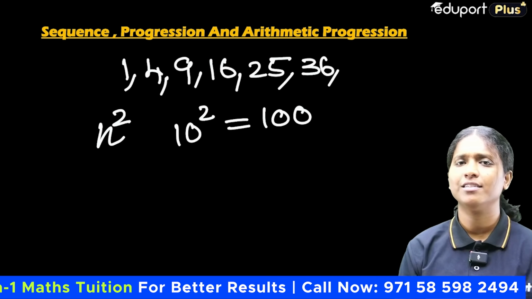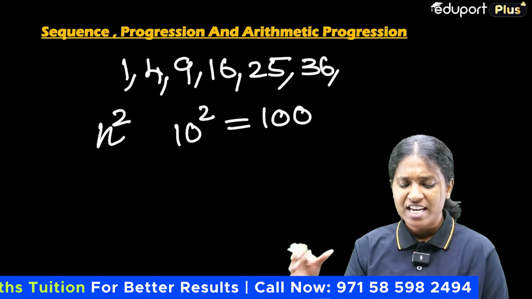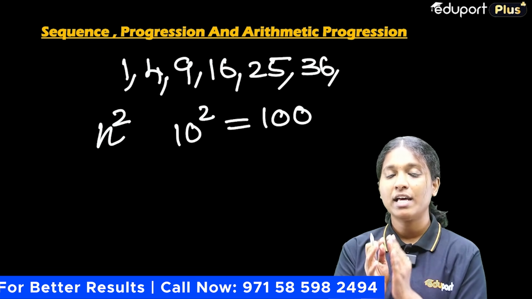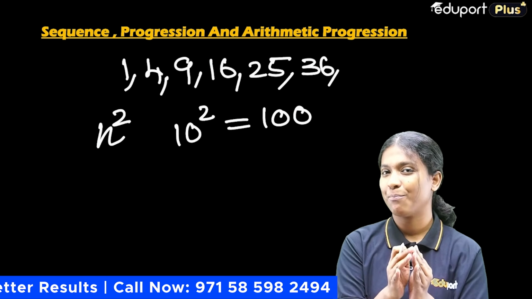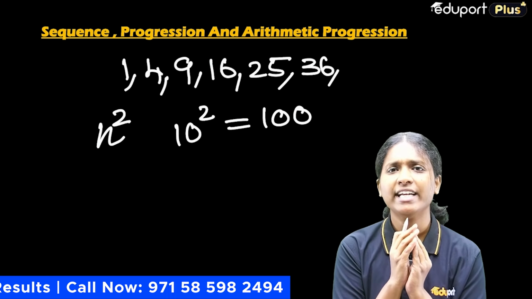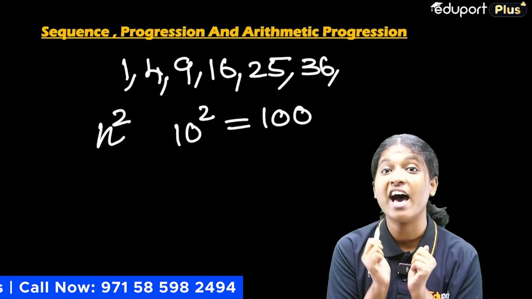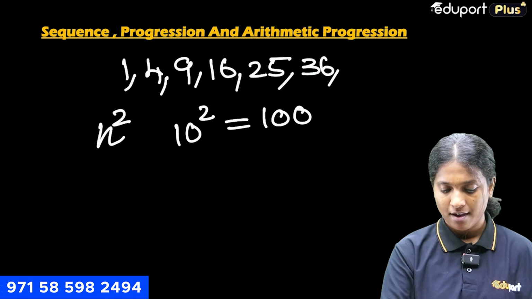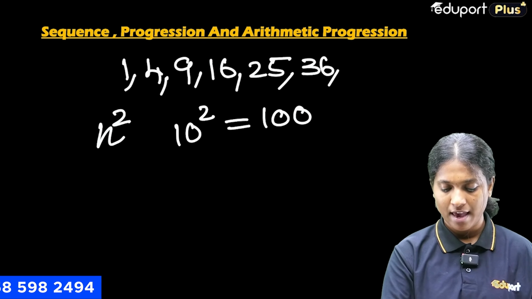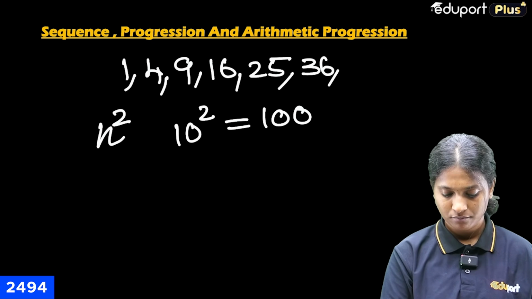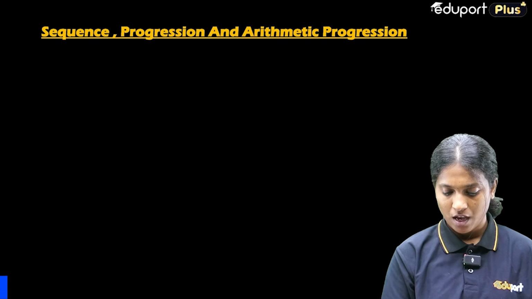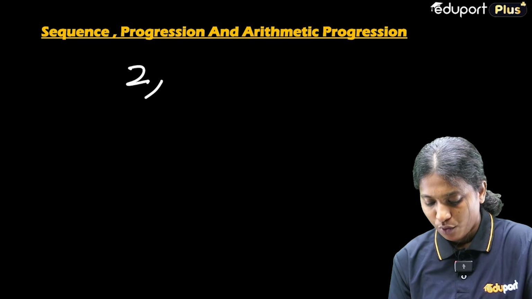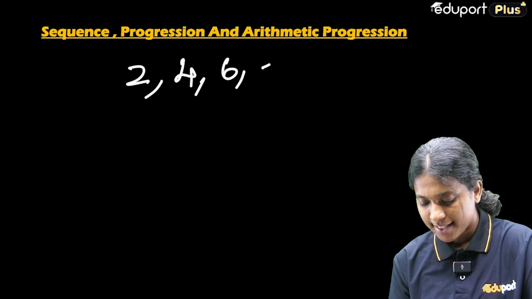We have discussed sequence and progression. Now we are about to discuss arithmetic progression. You have to know that arithmetic progression is a sequence, it is a progression. And why do we call it arithmetic progression? Let us see with an example: 2, 4, 6, 8.